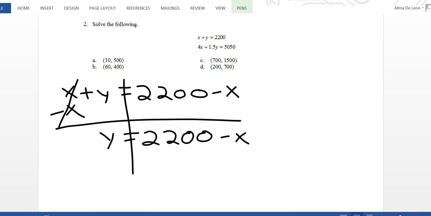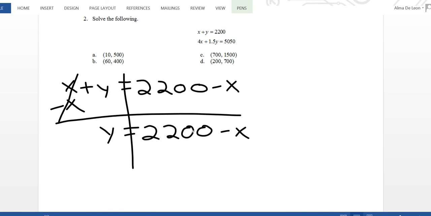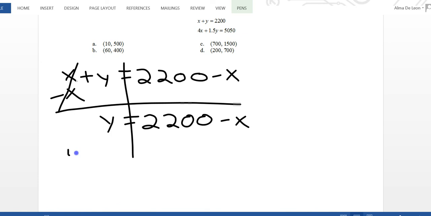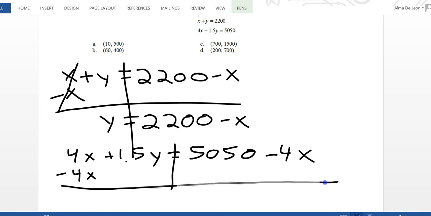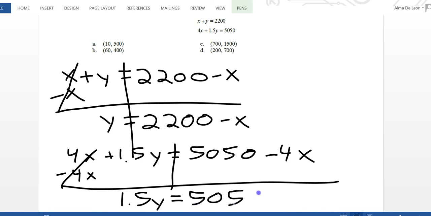Now I have to solve the second equation for y as well. My second equation is going to be 4x plus 1.5y equals 5,050. I'm going to subtract 4x from both sides. And this is going to give me 1.5y equals 5,050 minus 4x.